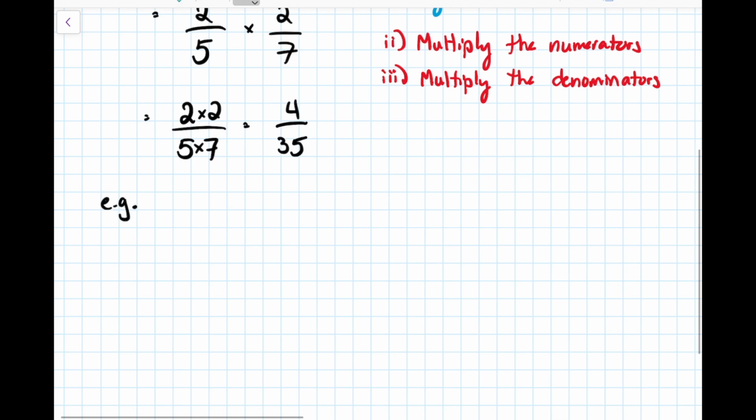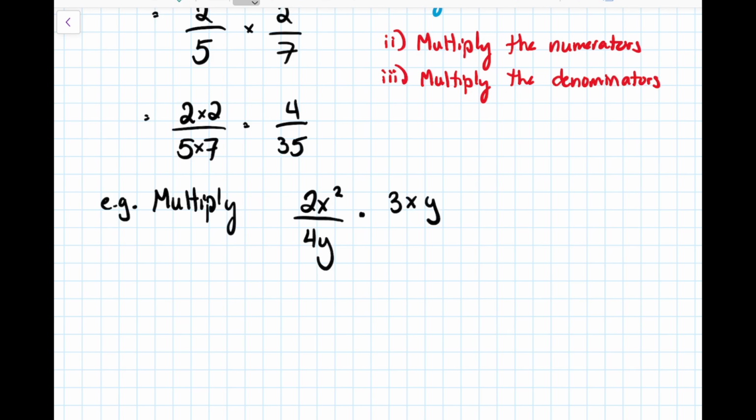So let's start by looking at the ones that just have a whole bunch of variables with no adding or subtracting. So that's something like, say, 2x squared over 4y times 3xy to the power of 4 over 8x to the power of 6y. For these ones, it's entirely up to you if you want to start simplifying now.